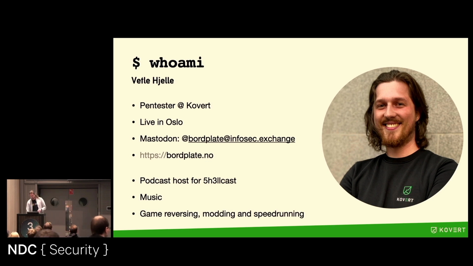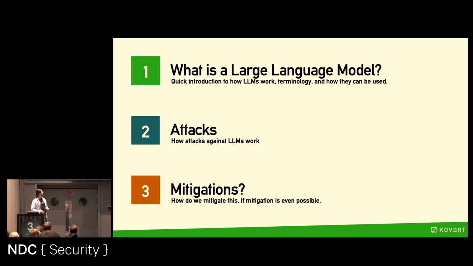But enough of that. We're here to talk about large language models and security when integrating large language models into your own apps, and what kind of challenges you can expect to face in regards to security when integrating LLMs. So we'll start with going through the basics of what a large language model is, the tokens, and how it predicts text.